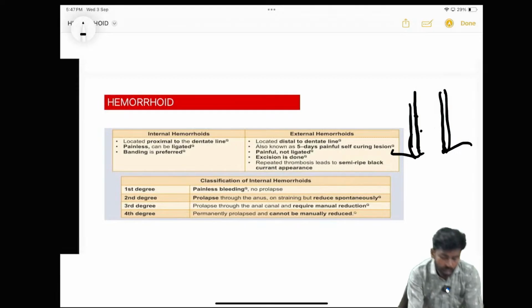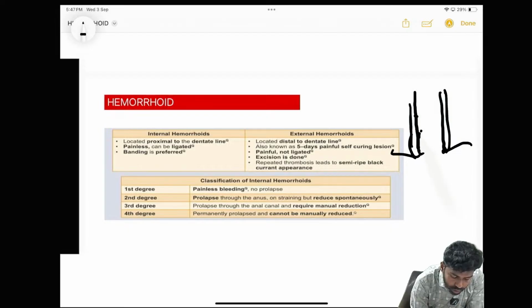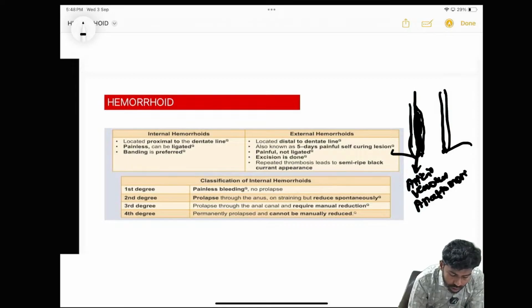Hemorrhoids is nothing but the mucosal plexus, along with the arteriovenous anastomosis below the mucosa. Together, the arteriovenous anastomosis forms a vascular anal cushion.